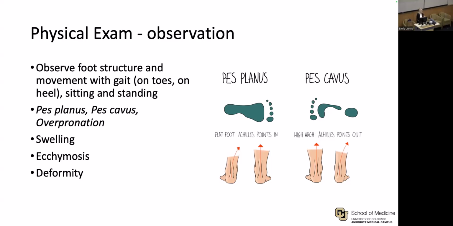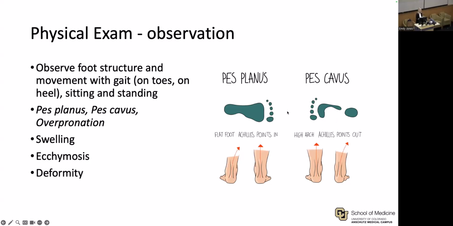And what I'm looking for when I'm just observing is there any evidence of pes planus, which as you know is a flat foot, or pes cavus, which is a high arch. And if you're looking at the back of the patient with a flat foot, basically the whole foot is touching the ground. This is what their footprint would look like. And you'll also notice that the Achilles starts to point in. Whereas with a high arch, the Achilles is going to point out, and this is what their footprint will look like.